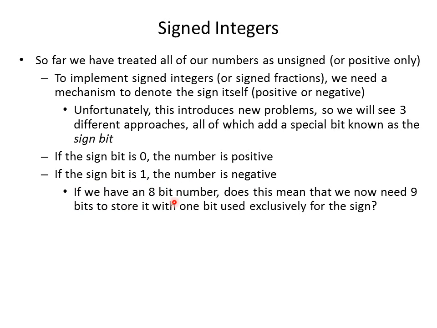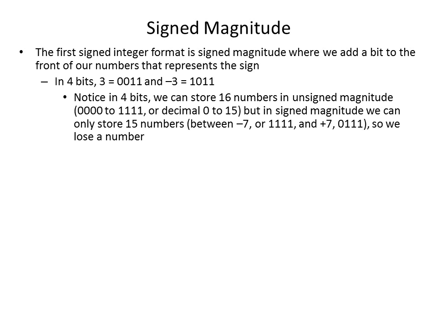If we have an 8-bit number, does this mean that we need 9 bits to store it, with 1 bit exclusively for sign? If we have 8-bit numbers, then we have to insert another bit, the sign bit. So the total number of bits will be 9. We will see signed integer additions and subtractions in the next slides.